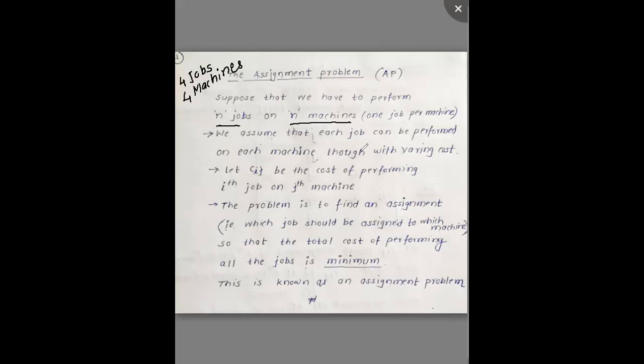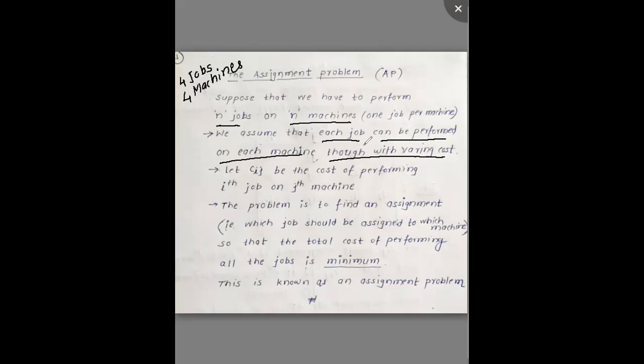We assume that each job can be performed on each machine. First job can be performed on all these 4 machines. Second job can be performed on these 4 machines. Third job can also be performed on these 4 machines, as well as fourth job, but with varying cost of assignment.